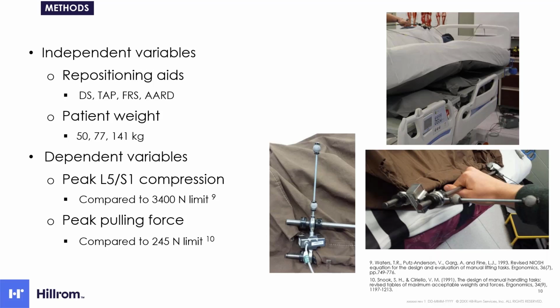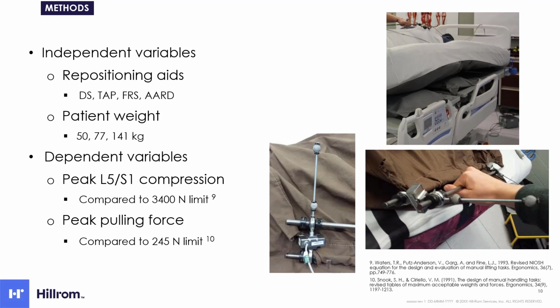So the peak L5/S1 compression was compared to 3,400 newtons limit. Basically, 3,400 newton is the injury threshold according to the study from the National Institute for Occupational Safety and Health in the United States.